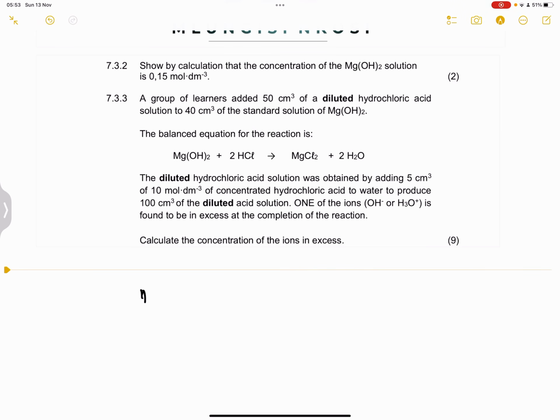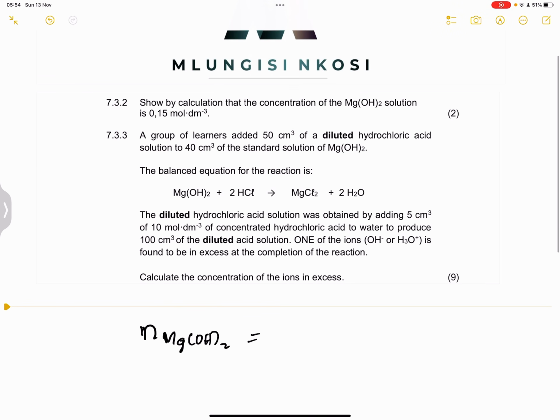Remember, I already have the concentration for magnesium hydroxide, but I also have the volume, right? So this would be concentration times volume.